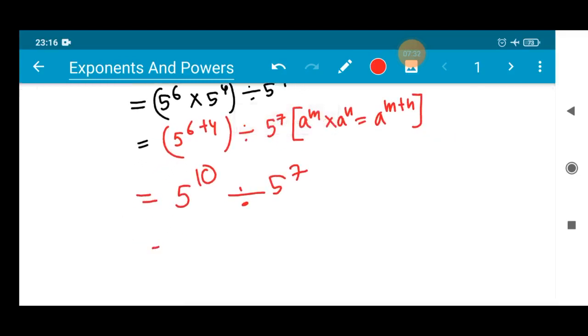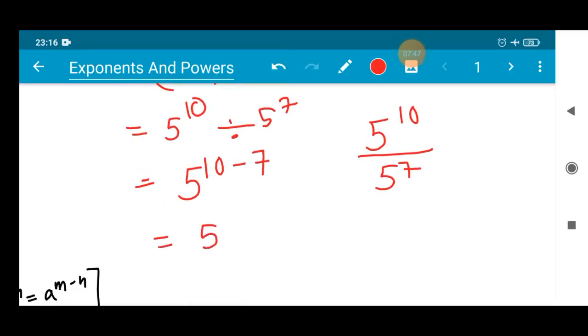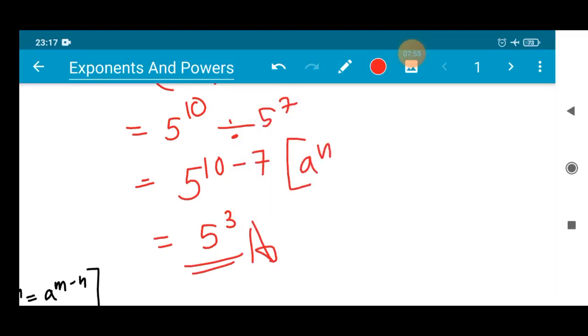Now when you have the same base and there is a division sign over there, I can write 5 to the power 10 divided by 5 to the power 7, which means there is a division sign, right? So 5 to the power 10 minus 7, I can write this as 5 to the power 3. We don't have to solve this, because they have asked us to express in exponential form only. So a to the power m divided by a to the power n is equal to a to the power m minus n. Okay, so this is how we do it.